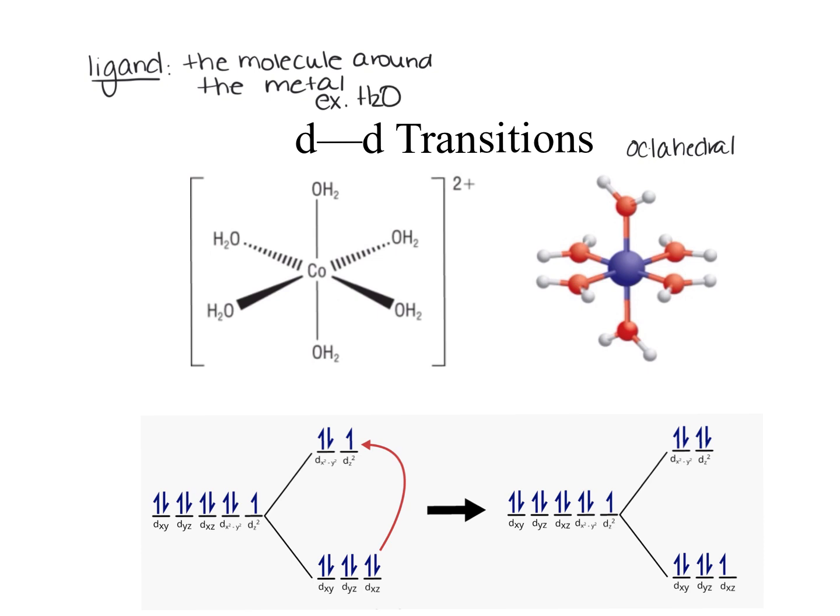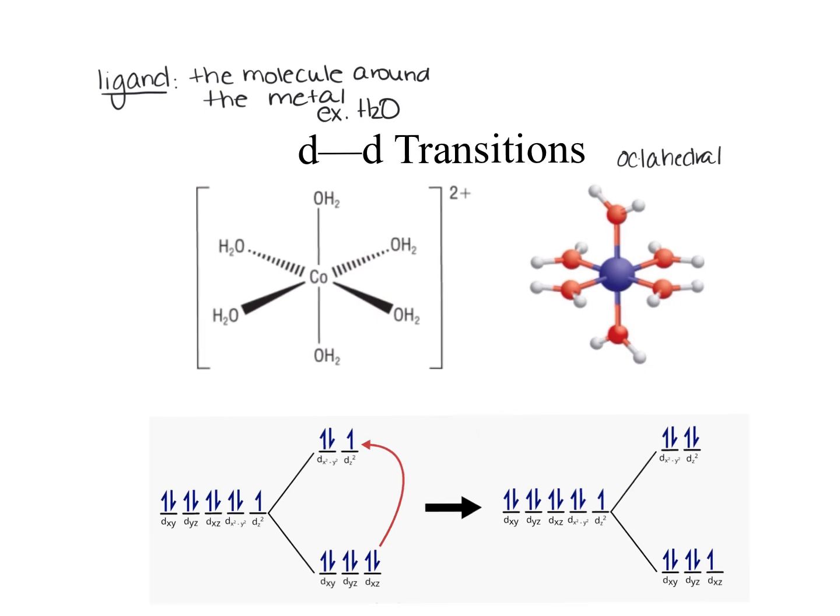So what happens is when the ligand bonds with the transition metal ion, there's a repulsion between the electrons in the ligand and the electrons in the d orbital of the metal ion. And that raises the energy of some of the d orbitals, but not all of them.